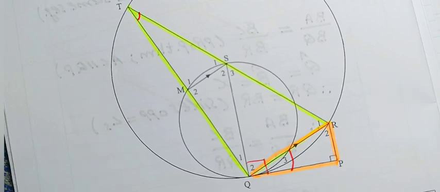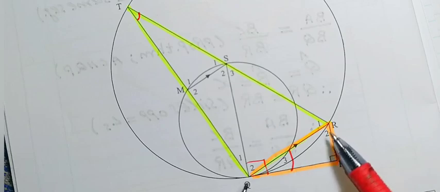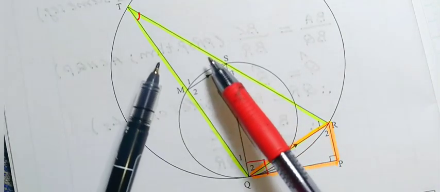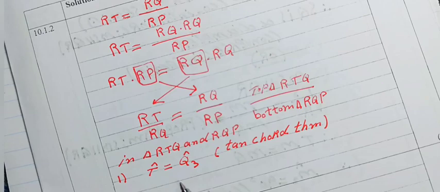So the angle Q3, the angle between tan and chord, this is a tan and this is a chord, angle Q3 is forming another angle T. So angle Q3 is going to be equal to angle T, tan chord theorem. So angle T is going to be equal to angle Q3, tan chord theorem.